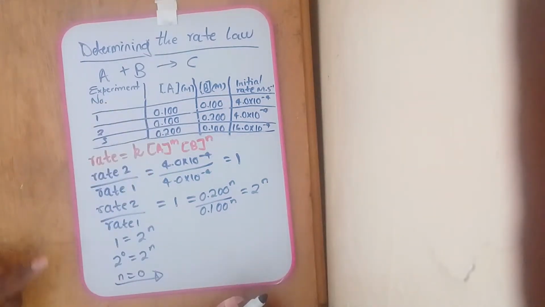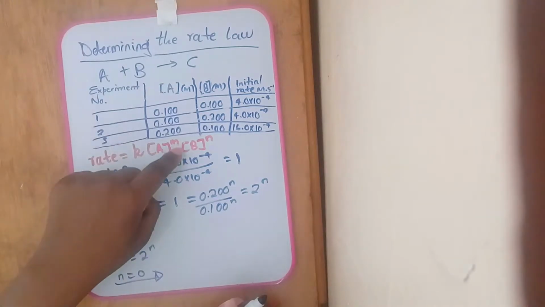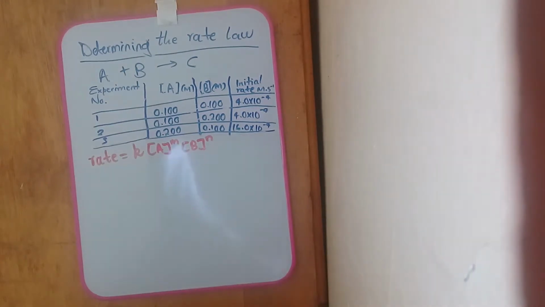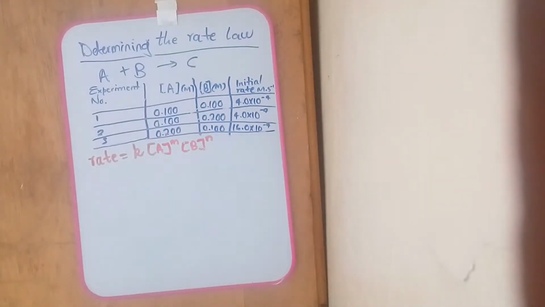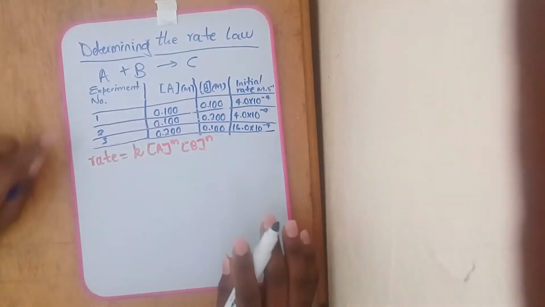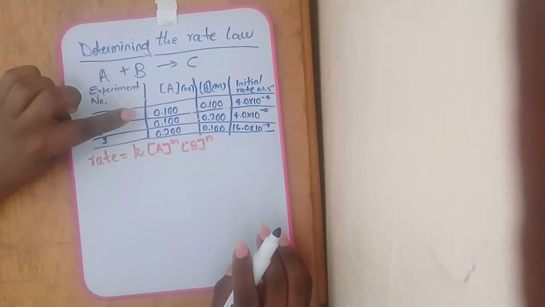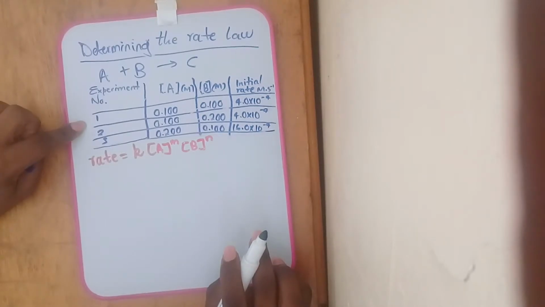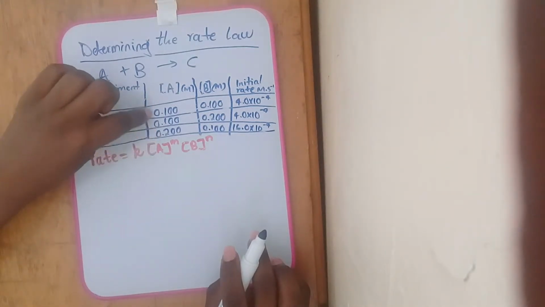So let me pause the video so I can find the reaction order m for A. Now we need to find the reaction order m. You're going to use the same format. We first find the ratio, because the concentration of A affected the initial rate of reaction from experiment 1 to experiment 3, because we doubled the concentration.